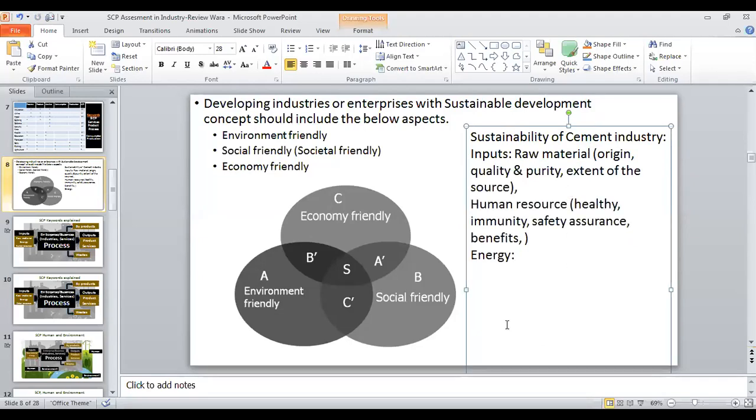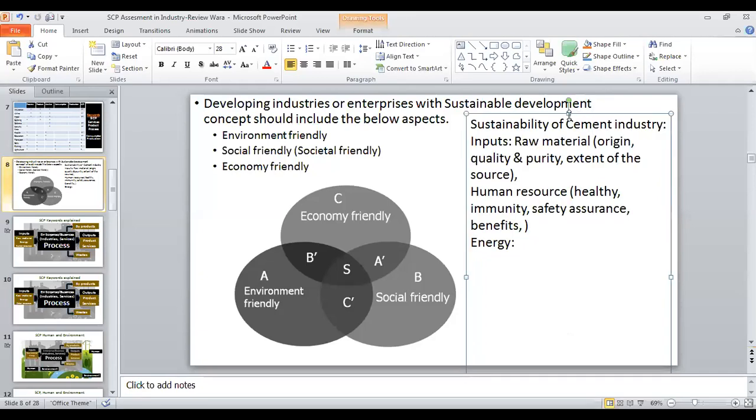While assessing, you are looking for the possibilities to improve the friendliness to the environment, friendliness to the economy and friendliness to the society. So you are improving those. So the energy source aspect is very important.